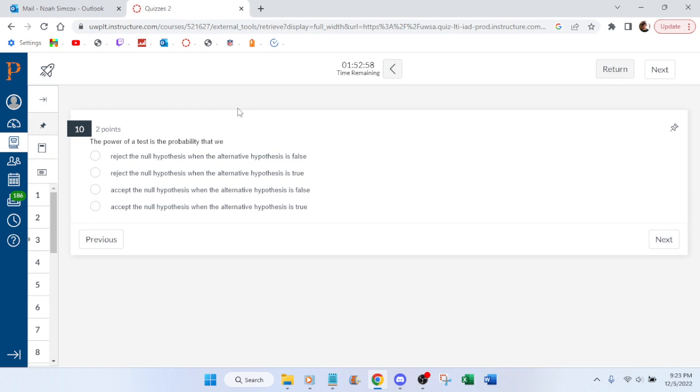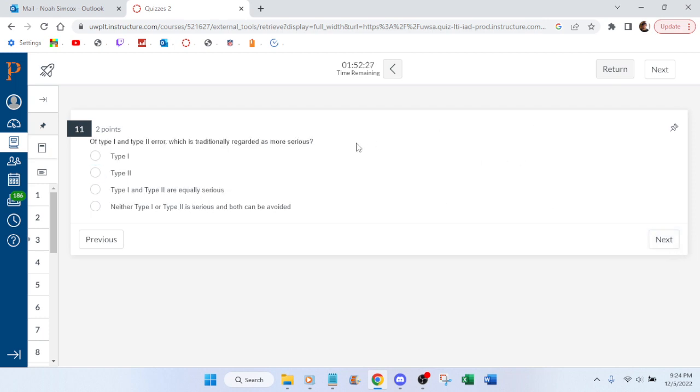Okay, so power is correctly rejecting the null hypothesis when the alternative hypothesis is true.